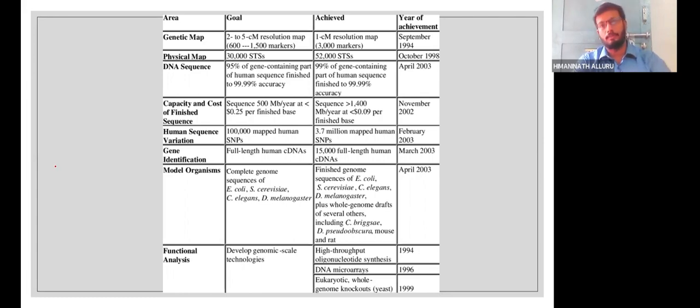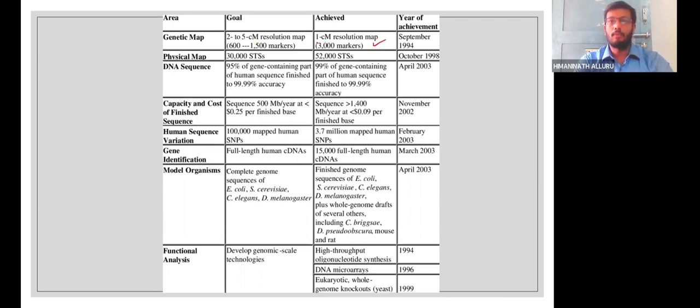The first one: they wanted a 2 to 5 centimorgan resolution map for around 600 to 1500 markers, but what they achieved is a map for 3000 markers with 1 centimorgan resolution.